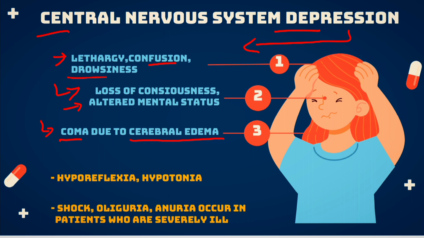Apart from that, there are some other presentations of central nervous system depression, like hyporeflexia, hypotonia, and shock may be present due to dehydration. Due to dehydration there can also be oliguria, anuria. There is no urination in the patient, or the patient urinates a very small amount of urine, and all these conditions are very serious, very severe for the patient.